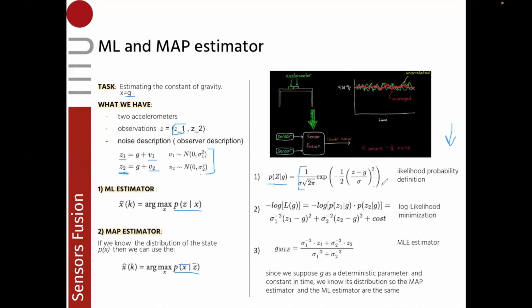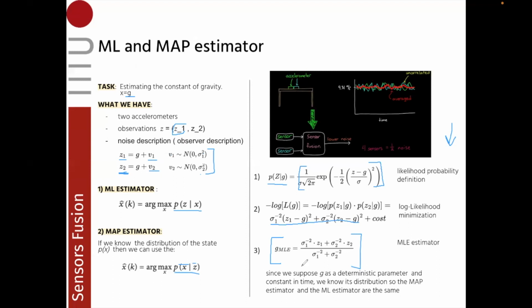We then calculate the log likelihood, and we obtain an expression which can be shown to be optimized by this value of G. So given our Z1 and Z2 observations, the best value of the constant of gravity is obtained by this formula. And this is what we call the maximum likelihood estimator of the two observations.